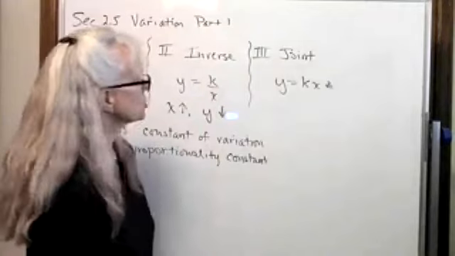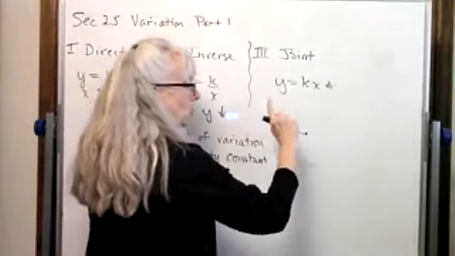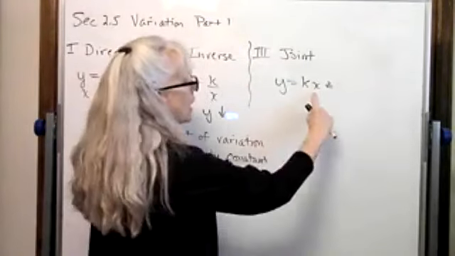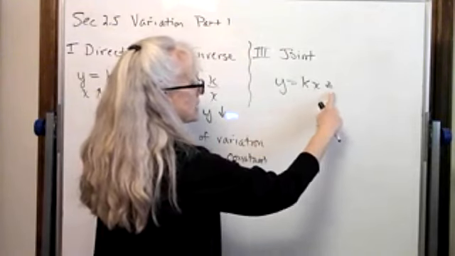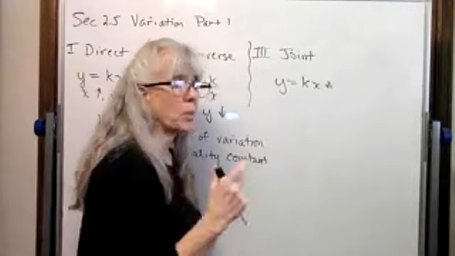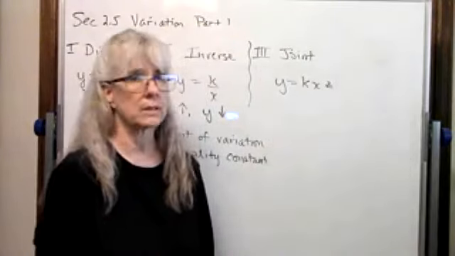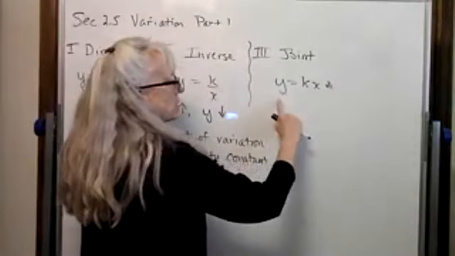Notice that the constant of variation is still sitting there. And then finally, we have a joint variation. What happens with a joint variation is y is going to depend on more than one other variable, in this case, an x and a z. So we have y equal to k times x times z. In general, a joint variation is a product. Unless it specifically says some other word, you're going to multiply whatever is there. We can see again that if x and z are increasing, y is going to increase.